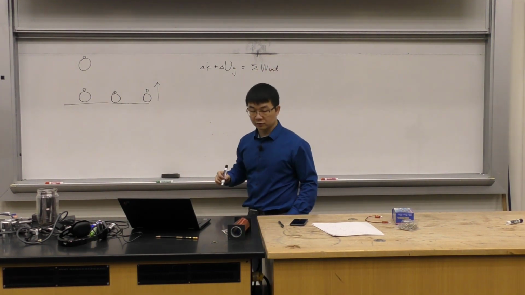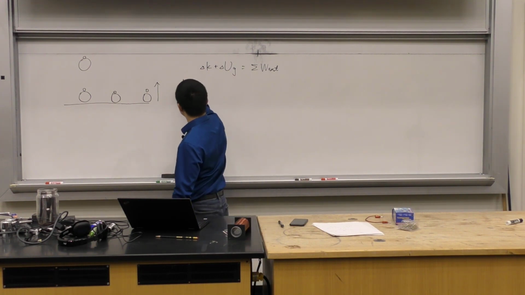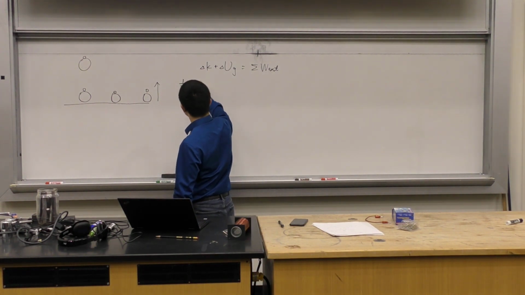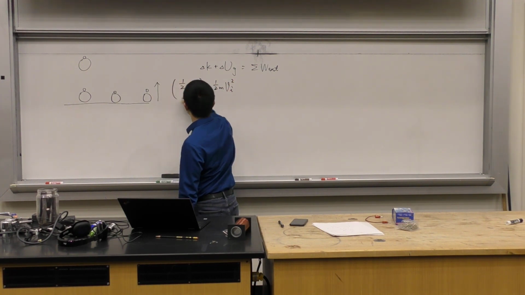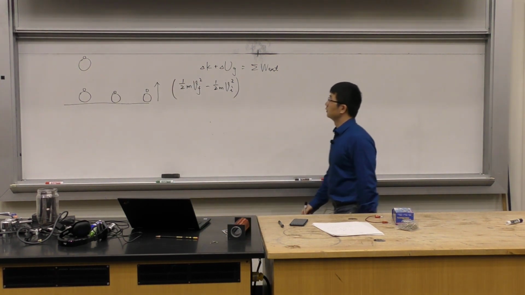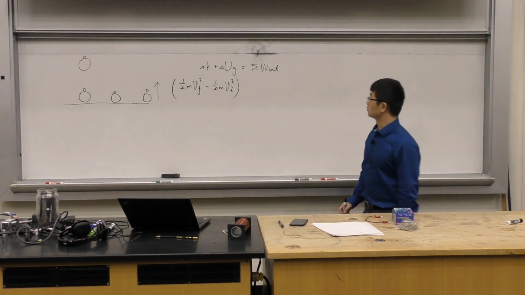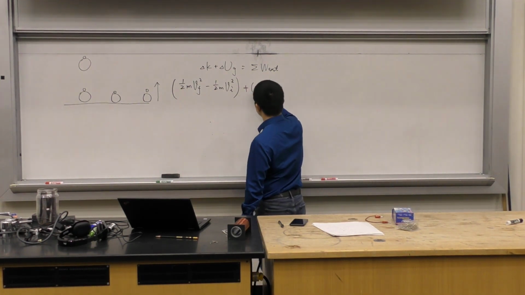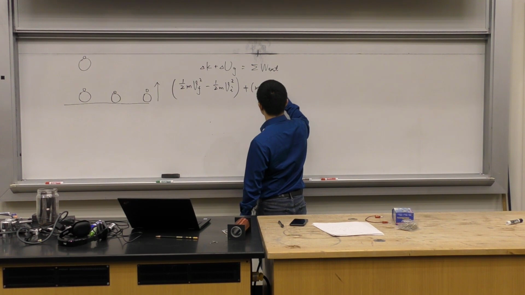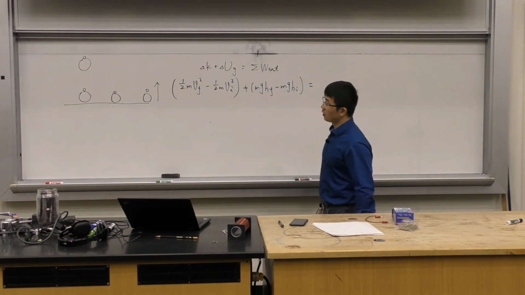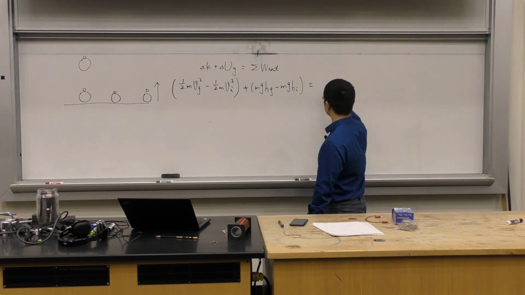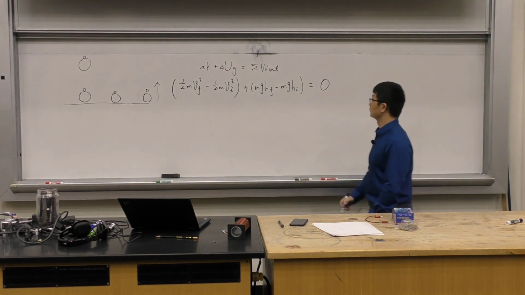So 1/2 mVf squared minus 1/2 mVi squared, that's the change in kinetic energy. Change in potential energy, mgHf minus mgHi. And then only gravity is acting on it, right? After I drop them, I will get a 0.